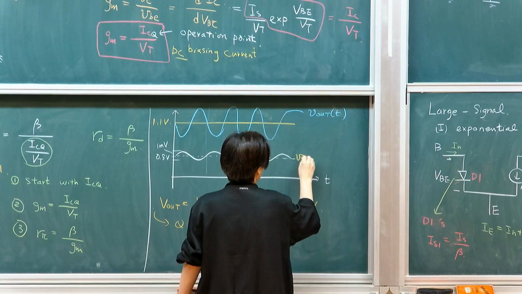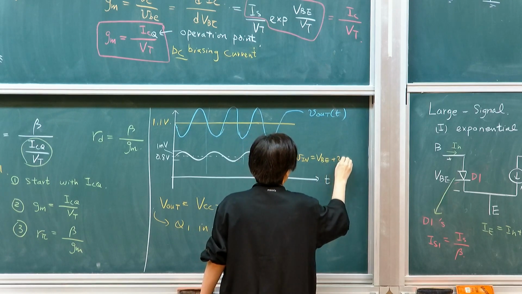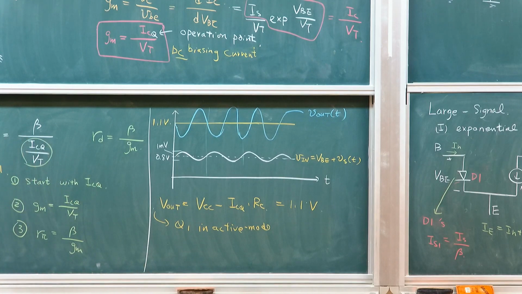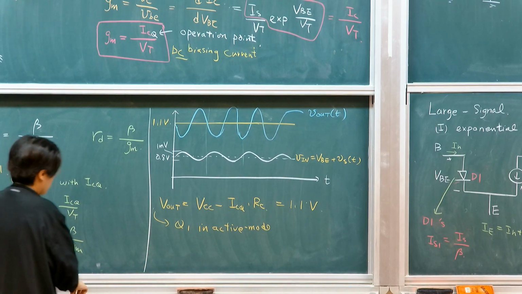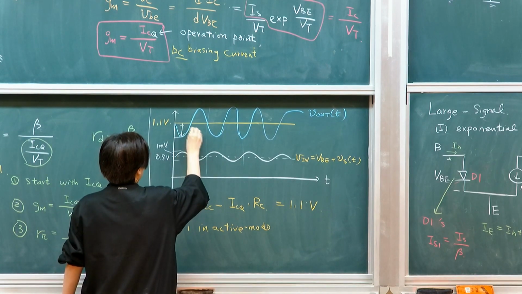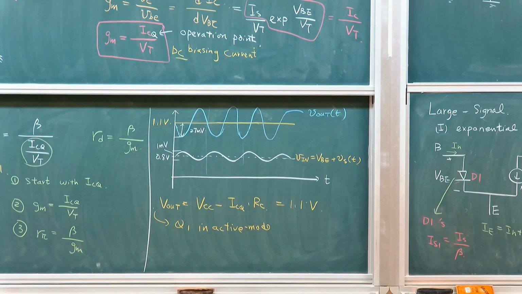This will be the Vin, which is VBE plus a small signal. Okay? So you get an inverting signal. I want to emphasize once again, the amplitude of this signal will be 27 millivolts, and then it will be inverting itself. And this is simply because of the structure of the device, because you increase the current, therefore lowering the output voltage.